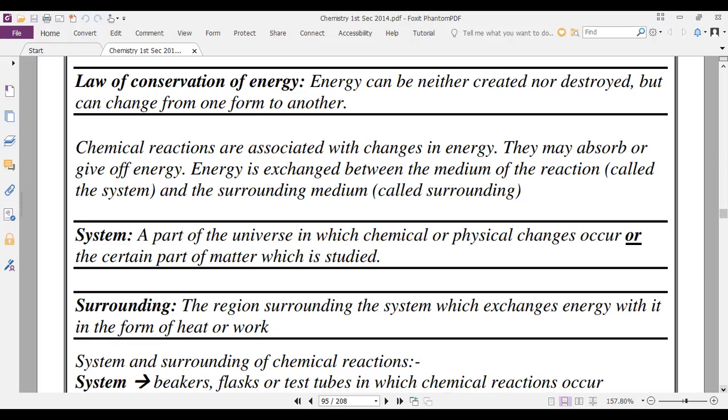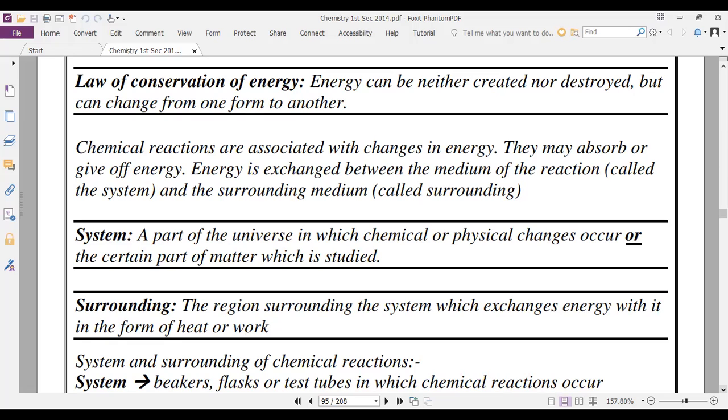System is a part of the universe in which chemical or physical changes occur, or the certain part of matter which is studied. System means the medium in which chemical reaction or energy can be exchanged.